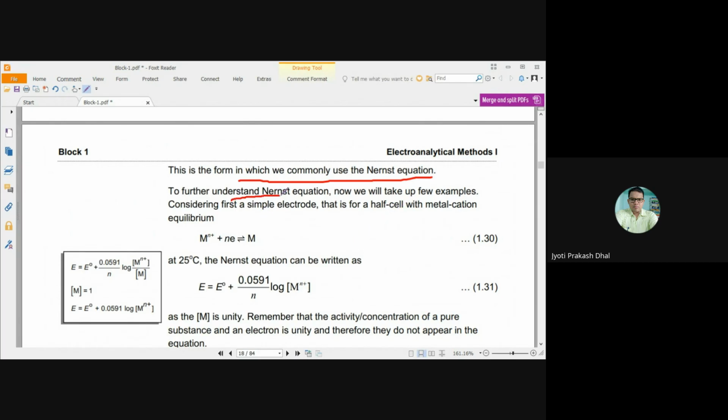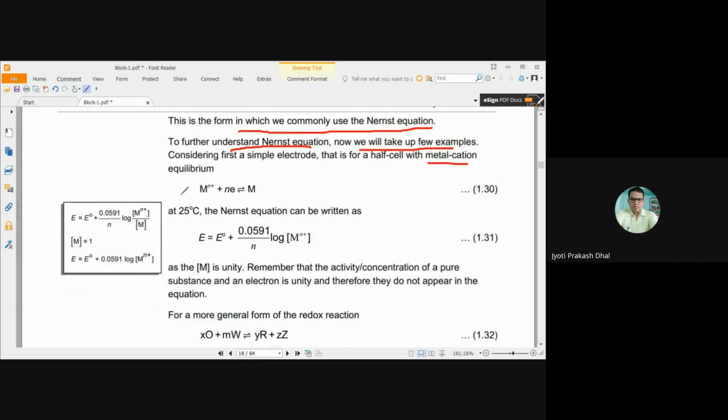To further understand the Nernst equation, now we will take a few examples. Consider a simple electrode M where the metal M dissolved in its solution constitutes one half cell, and here the metal cation equilibrium can be written as M^n+ plus n electrons converted into M, at 25 degrees Celsius, that means at room temperature.